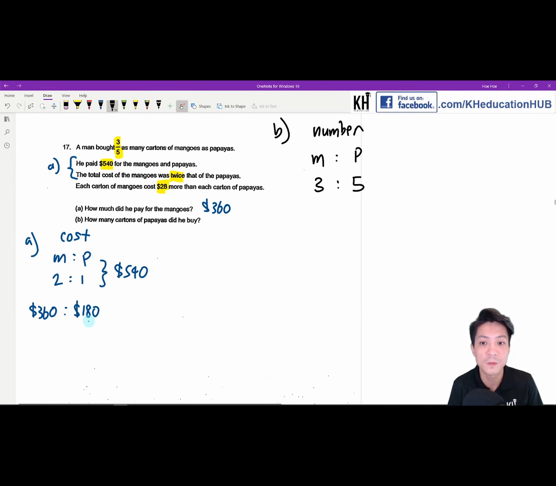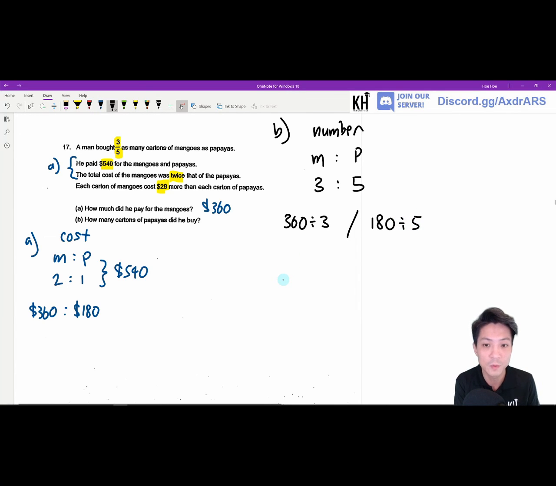So the first thing that we're gonna do is we're gonna use 360 to divide by 3. And also we're gonna use the 180 to divide by 5 so that we will compare the equal number of mangoes and papayas.